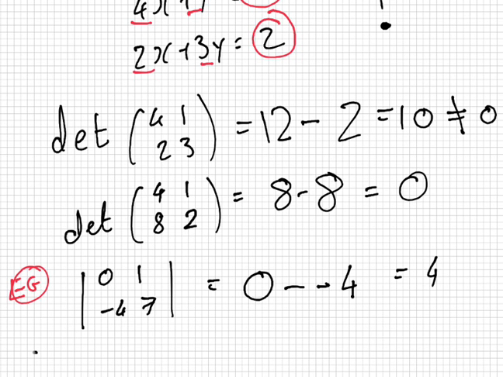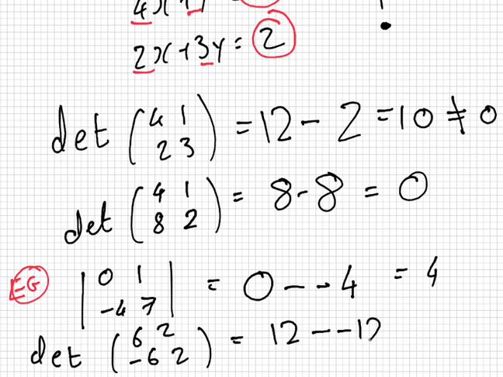And then the next one, determinant 6, 2 minus 6, 2. That would be 12. Yeah. Minus 12, which is 24. So that's all I want you to do for the first question, is to calculate the determinant.